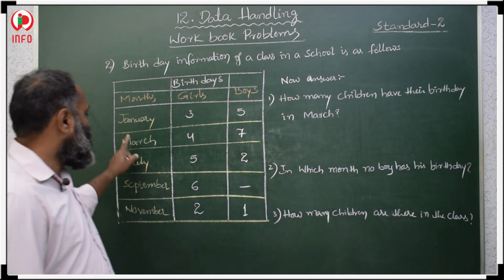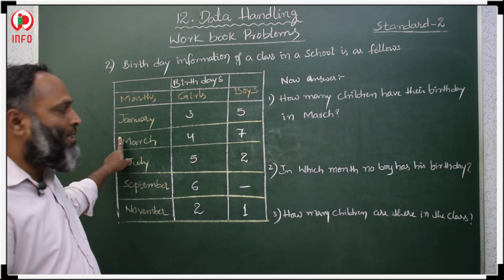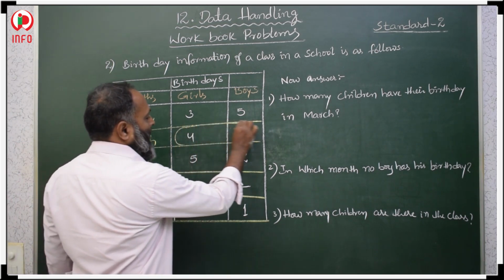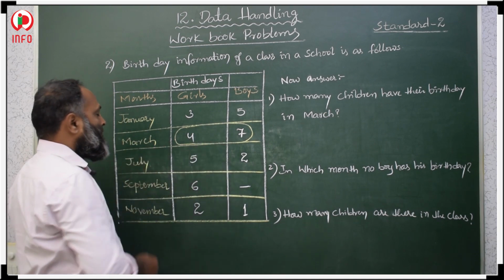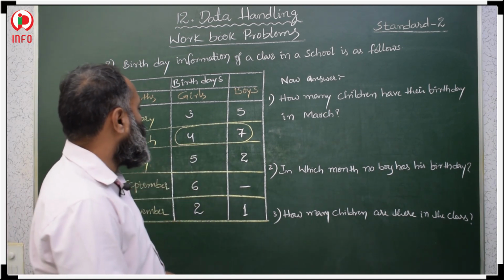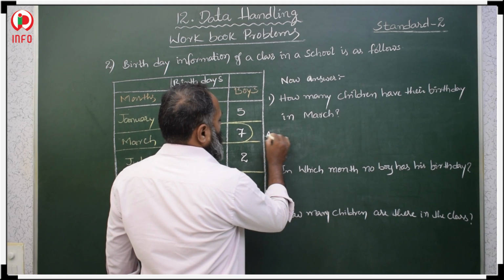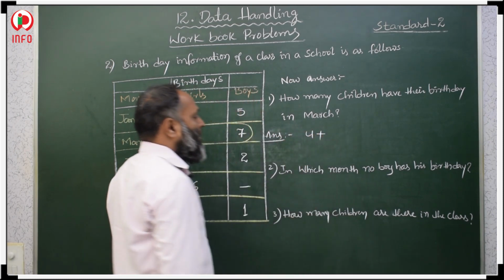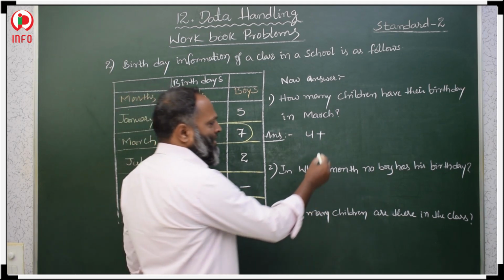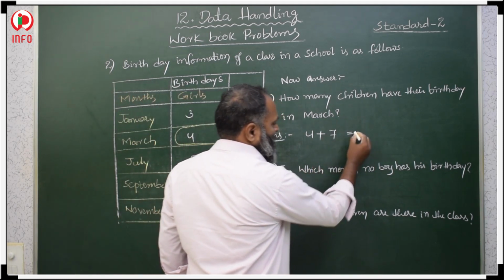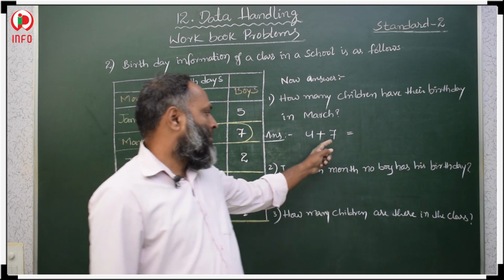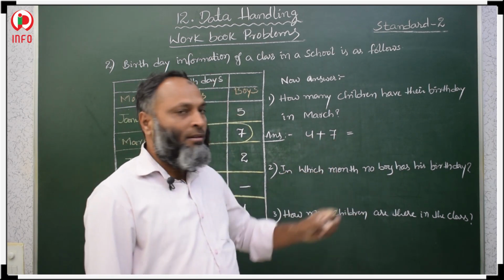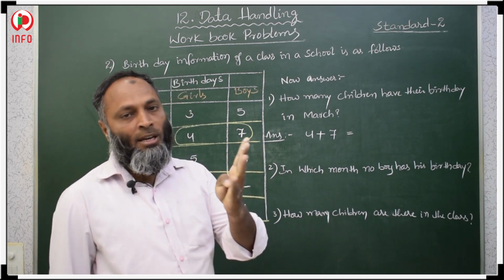How many children means girls and boys, so we should add girls and boys. 4 girls and 7 boys. 4 plus 7 is how much? 7 plus 4, 4 plus 7, same answer: 7, 8, 9, 10, 11.